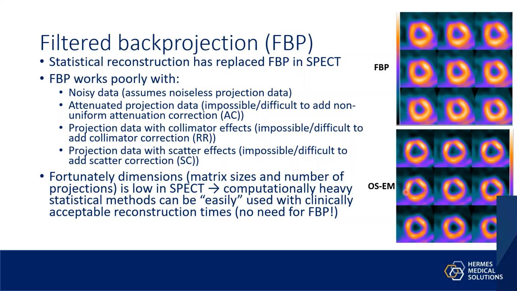And this has been the clinical situation for years now. But if you compare it to CT, at least the model-based reconstruction methods are not as widely used as the statistical reconstruction methods are in SPECT and PET.